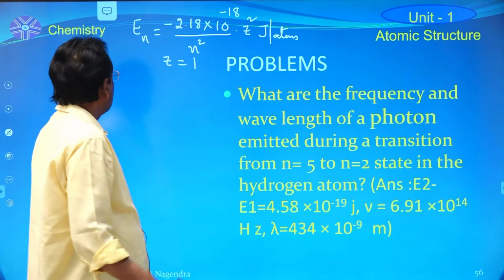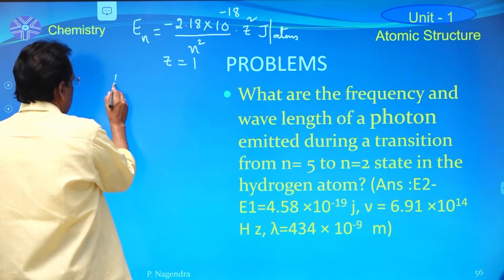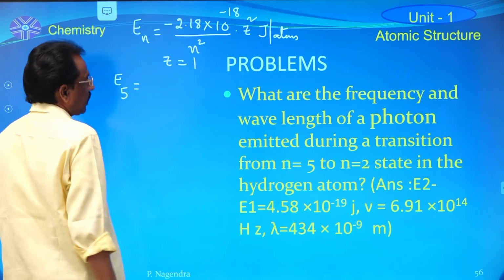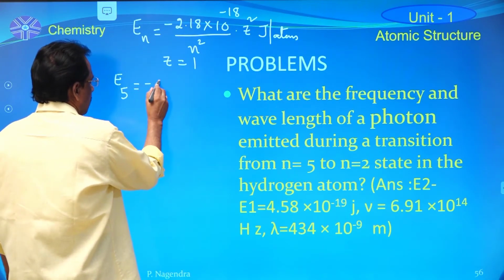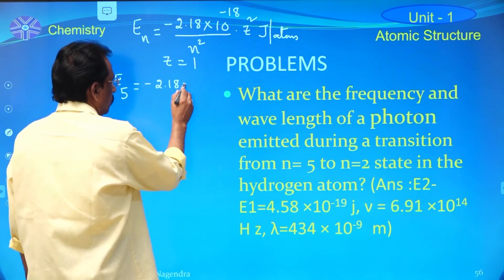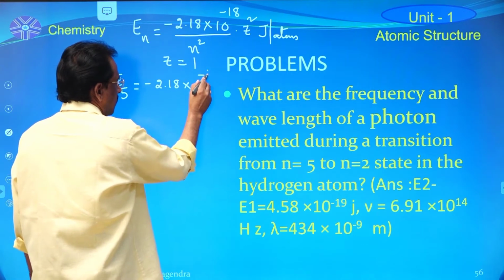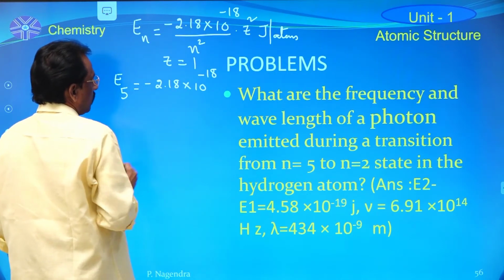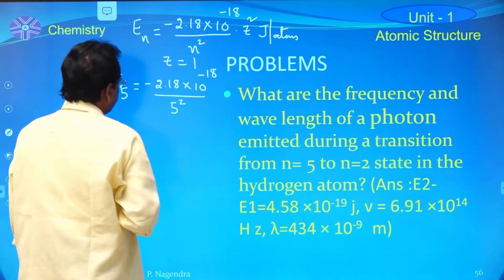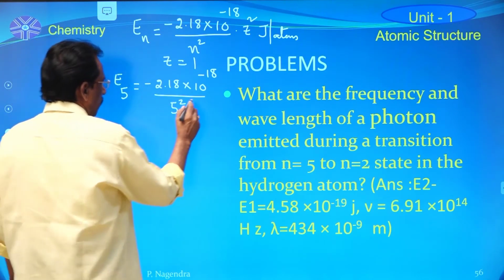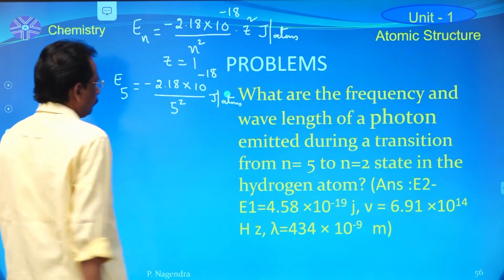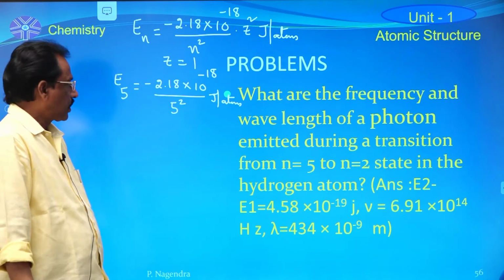Now, if the electron is in the fifth energy level, E5 is equal to minus 2.18 into 10 power minus 18 joule divided by 5 square joule per atom, according to Bohr's formula.